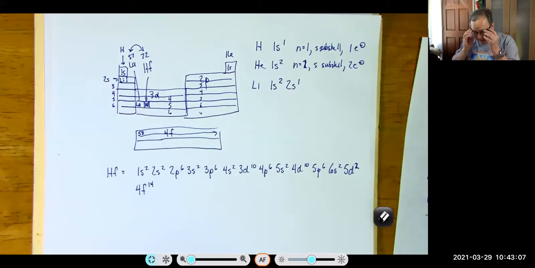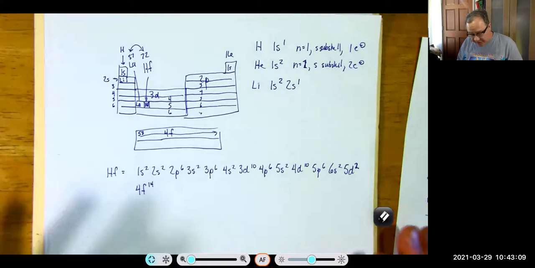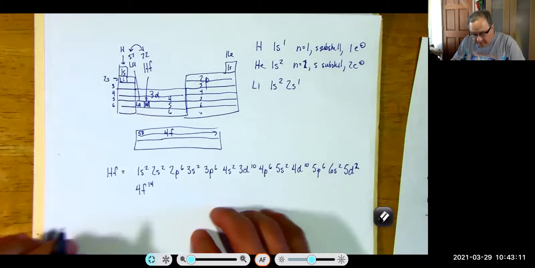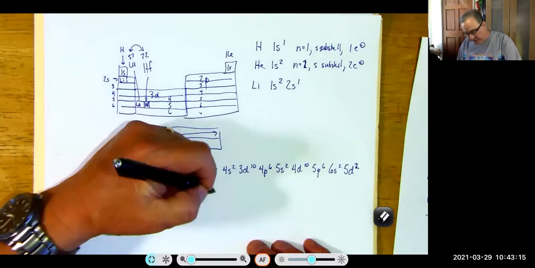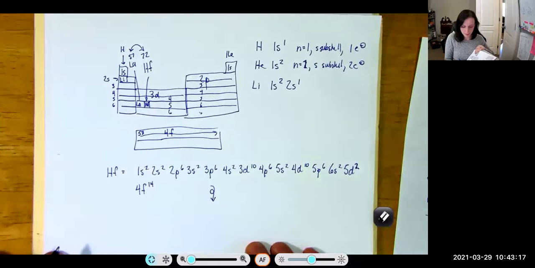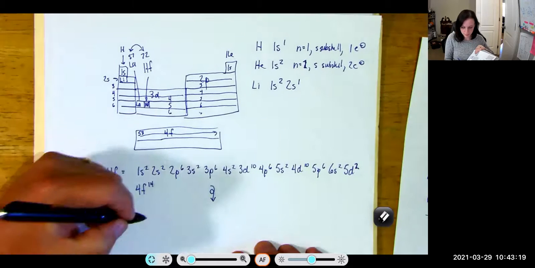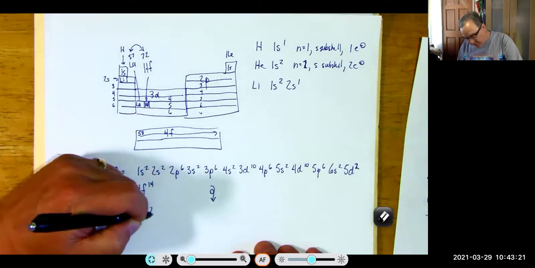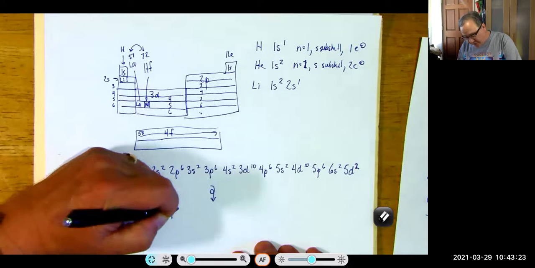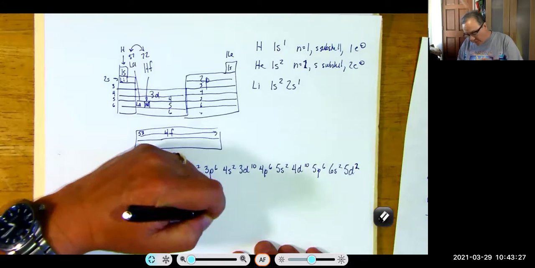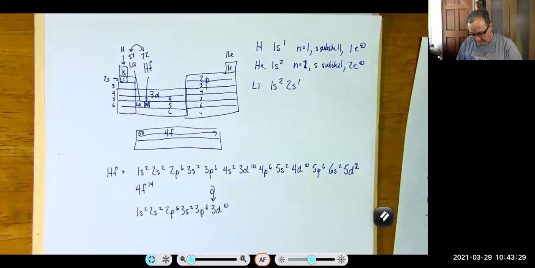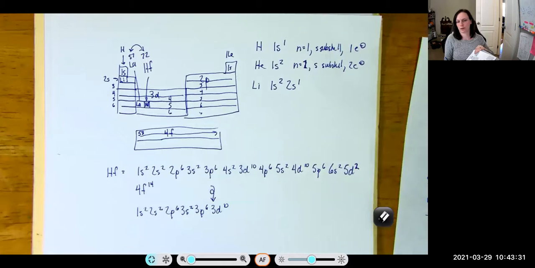Now this is not correct because once you read it from the periodic table, then you have to rearrange it. So to rearrange it, you do 1s2, 2s2, 2p6, 3s2, 3p6, 3d10. What have I just done? The numerical order.